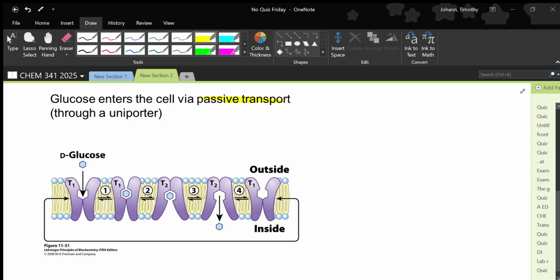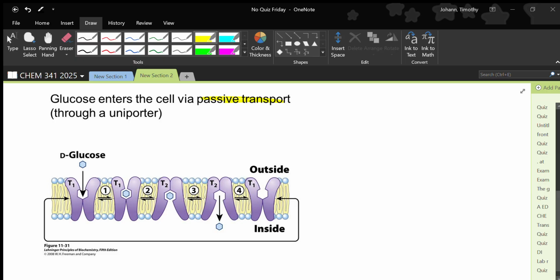It's opening and closing and opening and closing. If it's open to the outside and there's a glucose out there, it can bind, and then when it opens up the next time, it can come in. Same thing from the inside. So what this does is make sure that your liver has the same amount of glucose inside as outside.